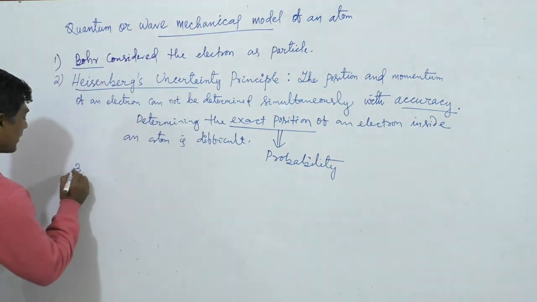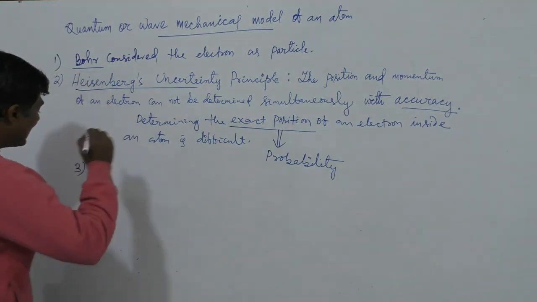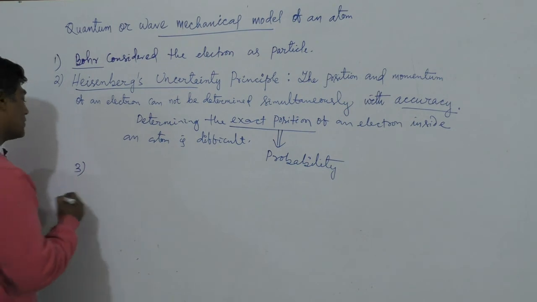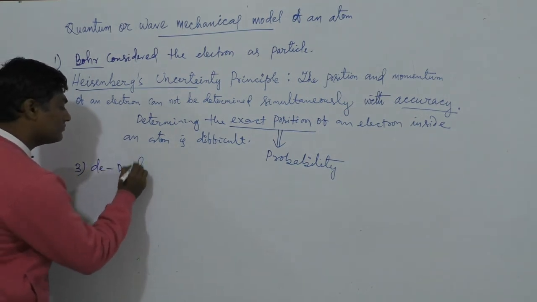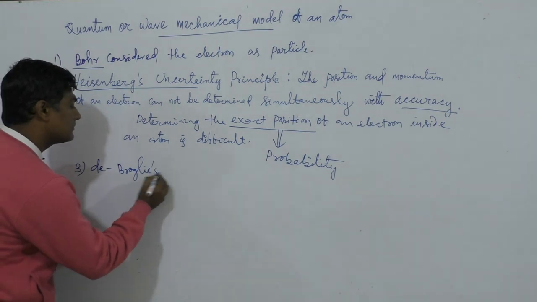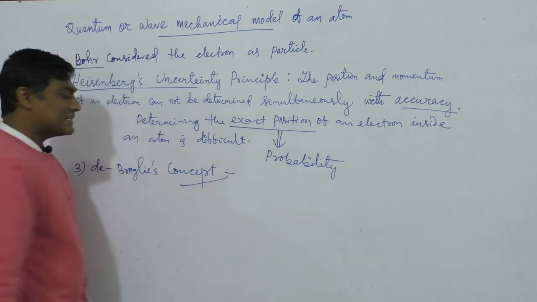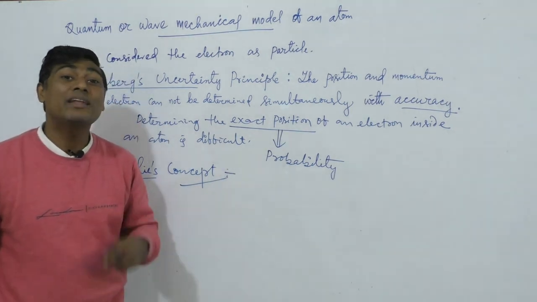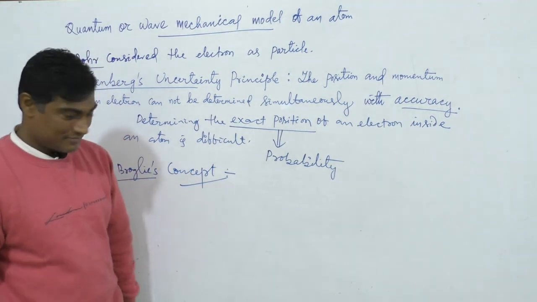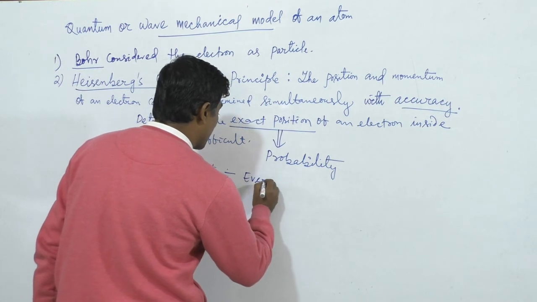So the third point: first Bohr, then Heisenberg, then de Broglie's concept, the concept of dual nature of matter.